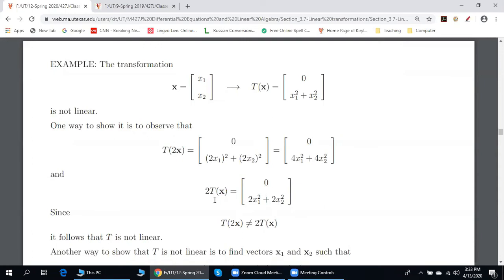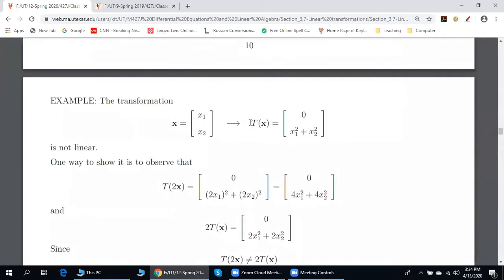On the other hand, 2 times T of x is this. We just multiply top and bottom by 2. Observe that T of 2x is not equal to 2T of x. Therefore, our transformation is not linear. It does not satisfy property number 2.